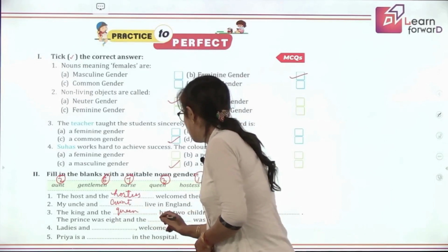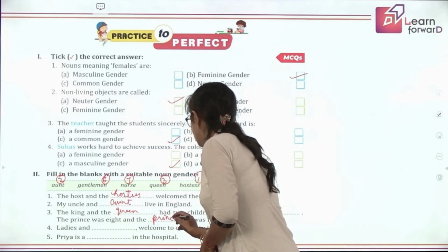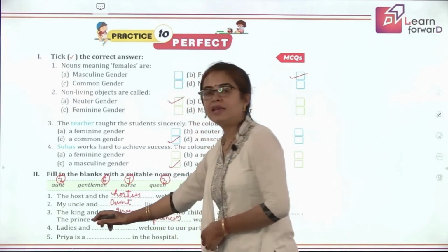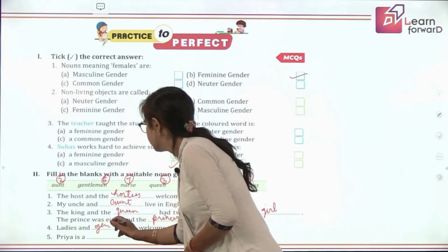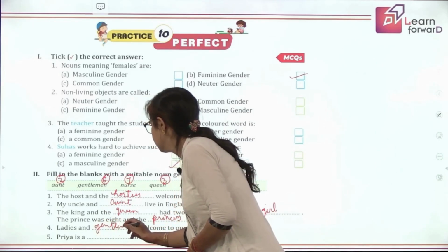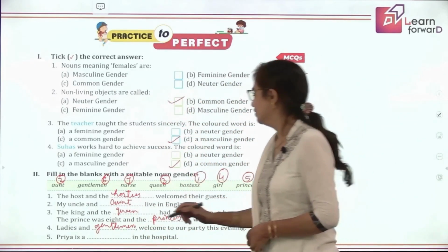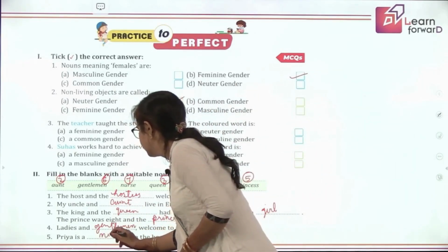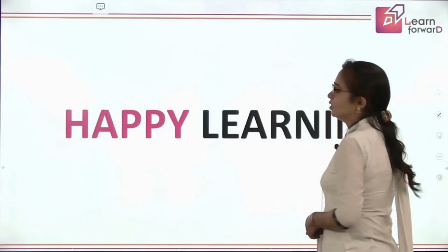The prince was 8 and the princess was 5. Ladies and gentlemen. Plural, M-E-N. Priya is a nurse. So, I hope all of you have understood this.